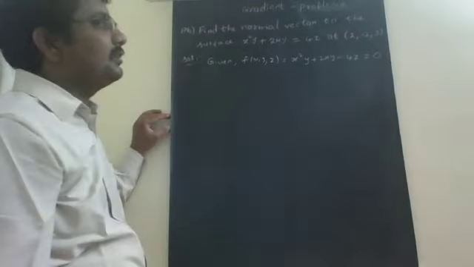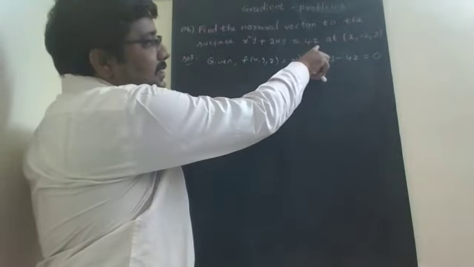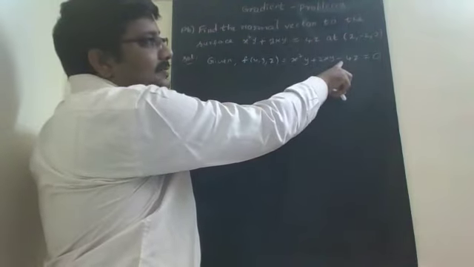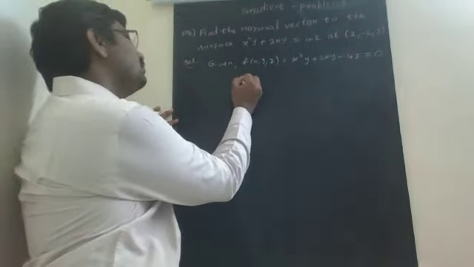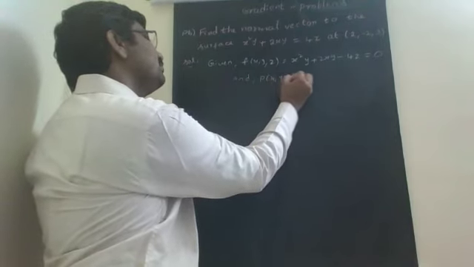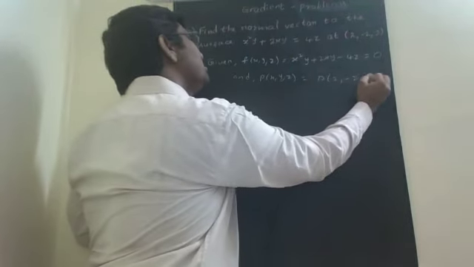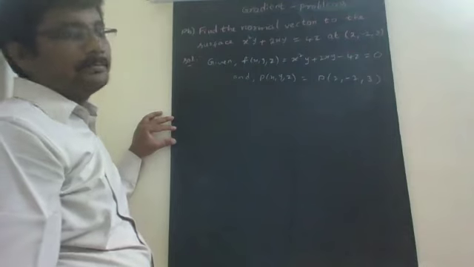While defining the given function, just take 4z on the left hand side, then it becomes negative 4z, and the given point is p of xyz is p of (2, -2, 3).